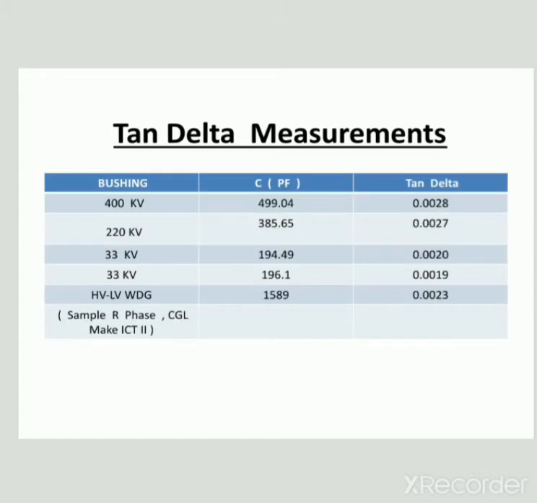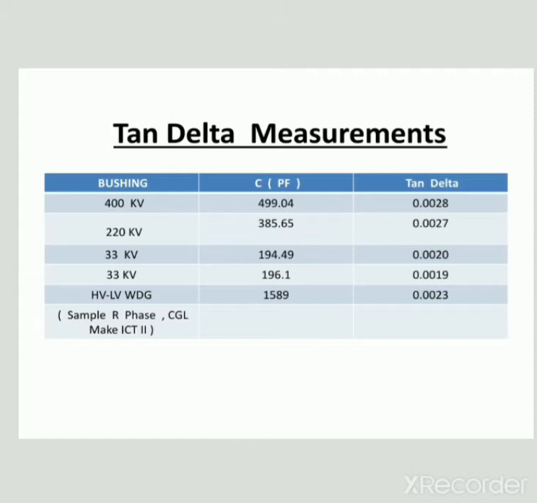Tan delta measurement has different levels all over the tables, according to the bushing system. So 400 kV, 220 kV, 33 kV, one more 33 kV, LV or HV windings, sample R phase CGL make ICT second. So this is all our number of bushings.